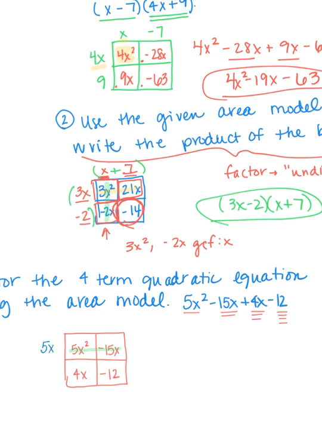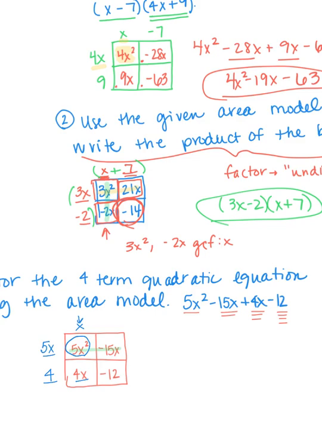We have 5x here, okay? And then if we know that this is 5x and we've got a 5x squared here, then we know that we need to multiply 5x by x to get 5x squared, okay? And then we can take this x and go work on this 4x. So x times what is 4x, and that's going to be 4 here. Okay.